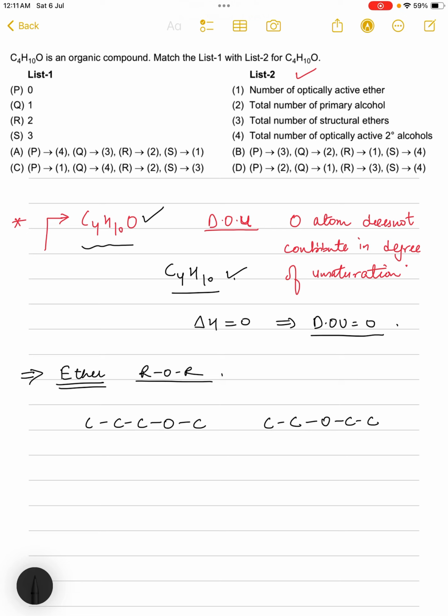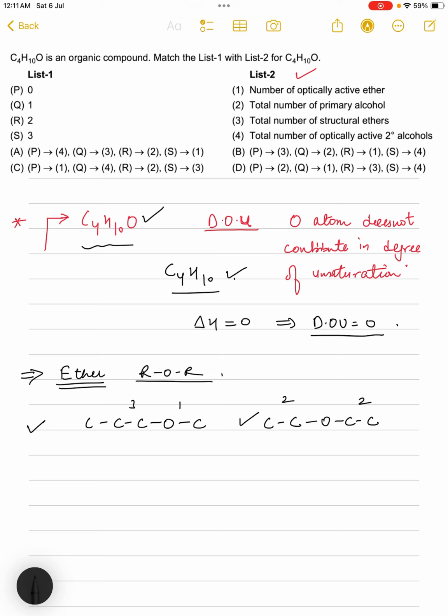If we talk about the number of carbon atoms around the oxygen, only these two cases exist. You can do it by yourself also. Here 3 carbons and 1 carbon, here 2 carbons and 2 carbons.